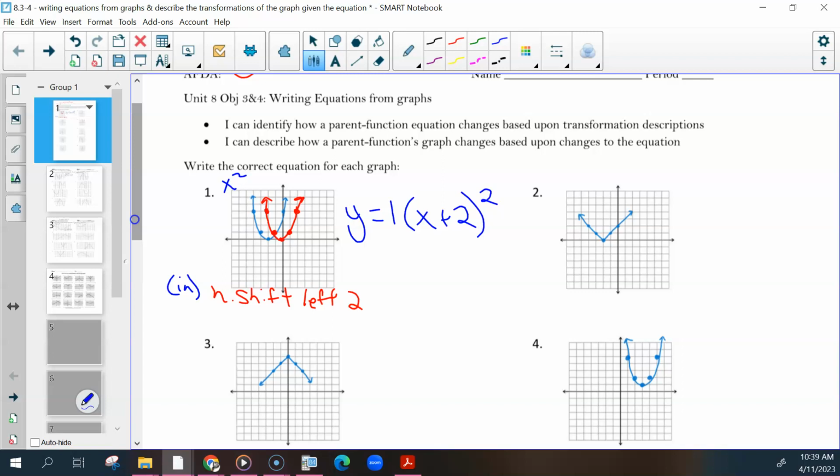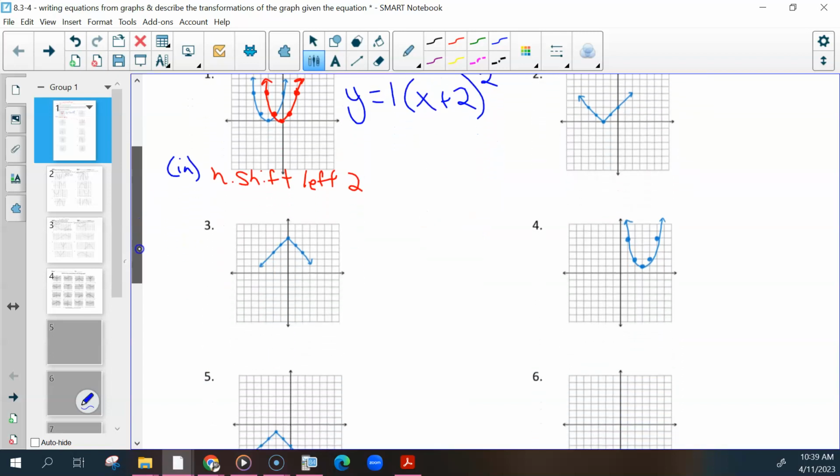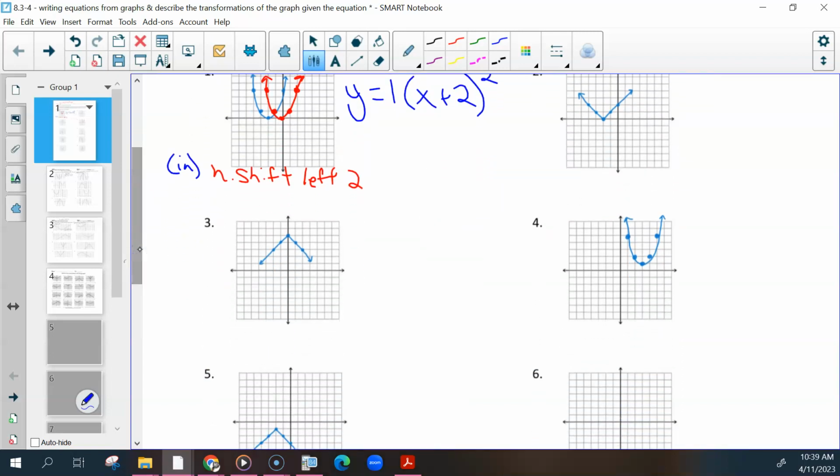We're going to jump around a bit. We're going to go to number 4. And again, you don't have to draw in the parent function. I'm going to, just so you see it.